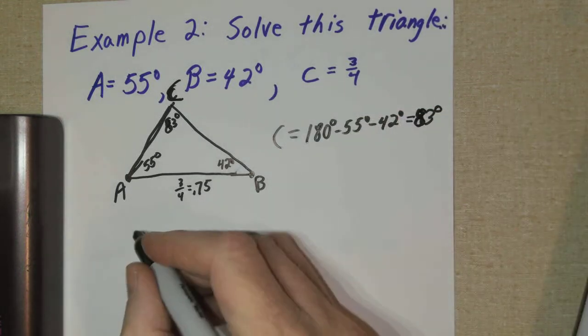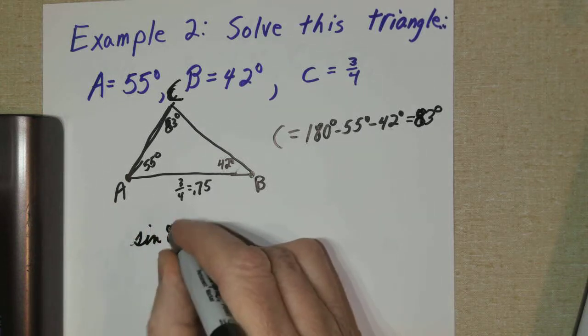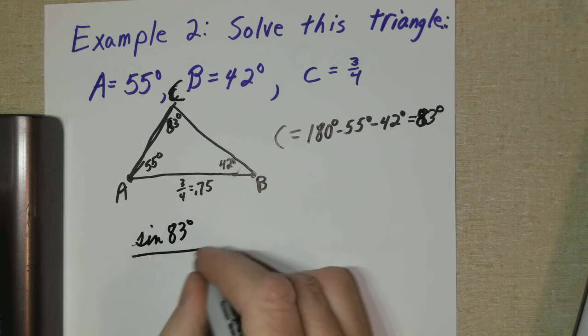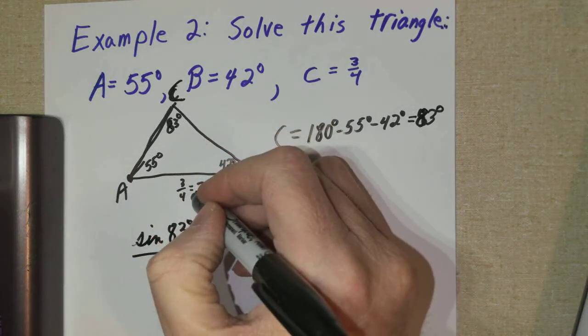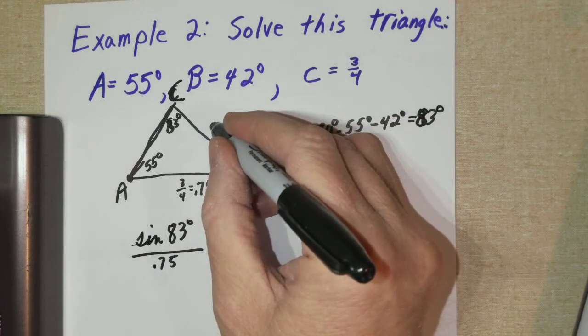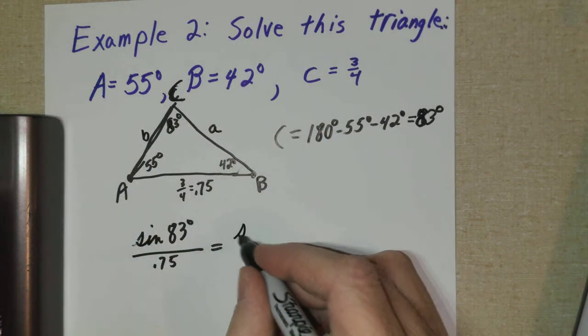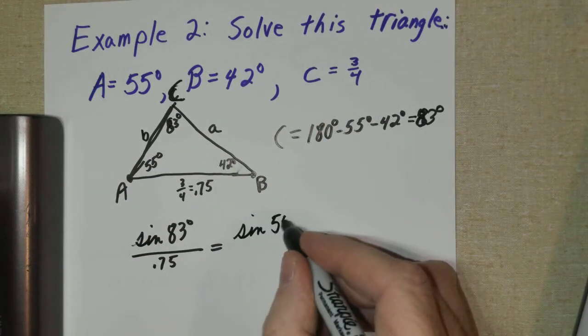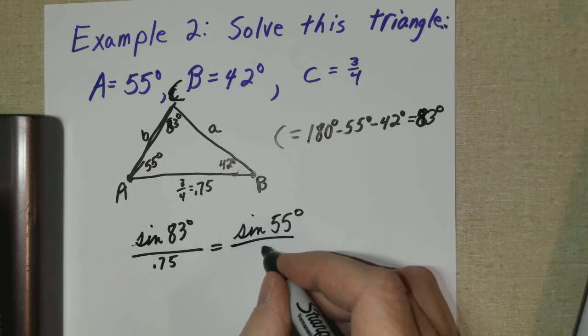Now, the sine of 83 degrees over 0.75. That's sine of C over c. Got an opposite. And I'm going to do A first here. Put a little b here. I'm going to go sine of 55 degrees over little a.